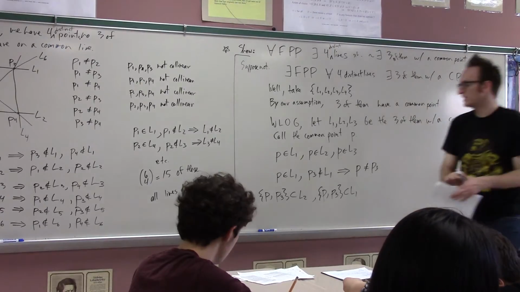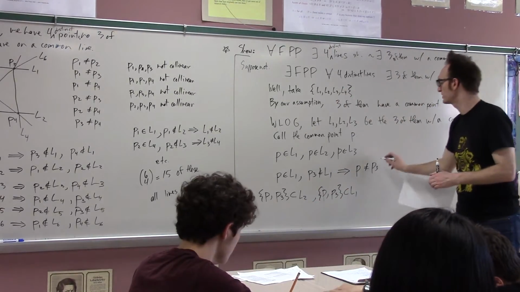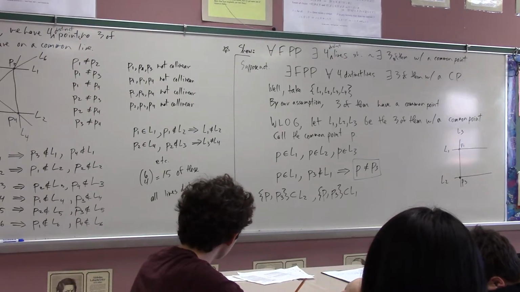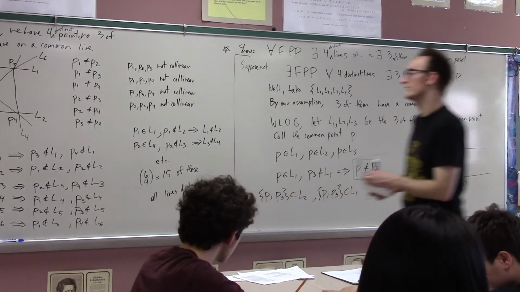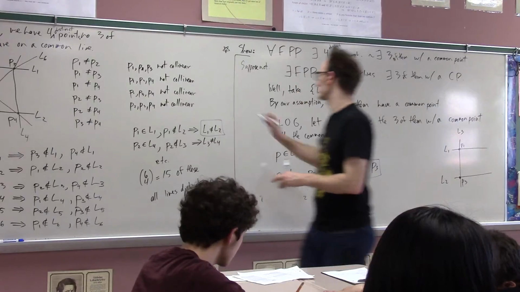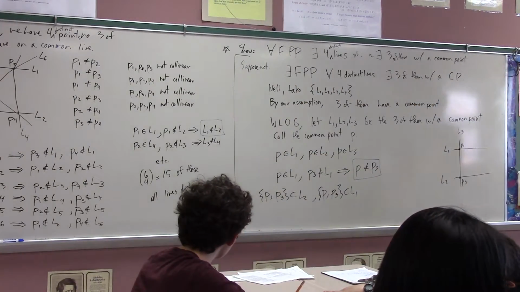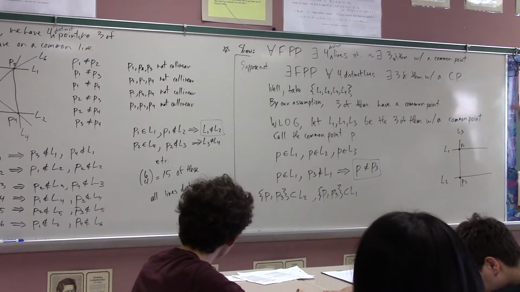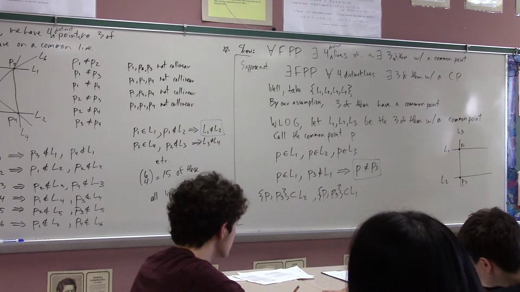And the key here is that I showed that P and P3 are different points, and I also have that L1 and L2 are different lines. What I've just shown is 2 different lines which intersect at 2 different points.